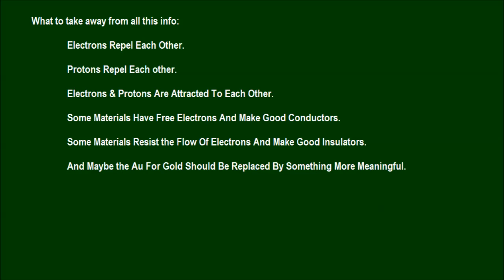Electrons and protons are attracted to each other, but will repel each other, or will repel similarly charged particles. Some materials make good conductors and others make good insulators. But just to be clear, at anything near room temperature, there is no perfect conductor. Everything resists the flow of electricity at least a little bit.